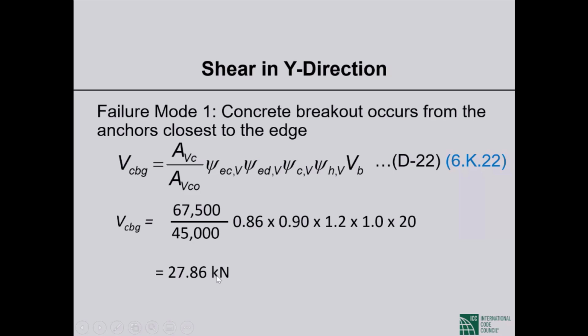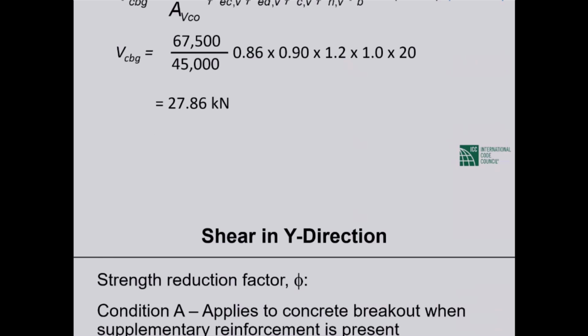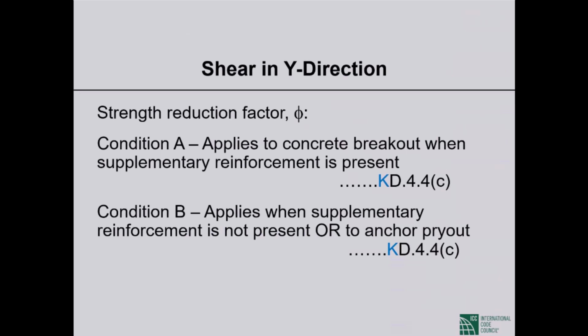Okay, so for the group of 2 to the front breaking out in shear, the strength is 27.86 kilonewtons. This is nominal strength.